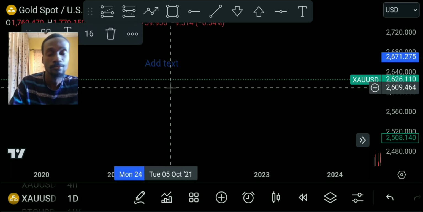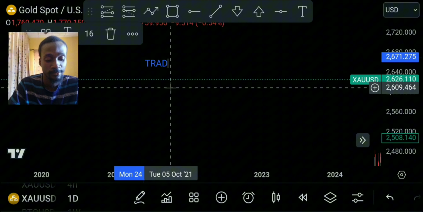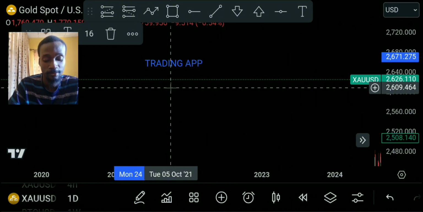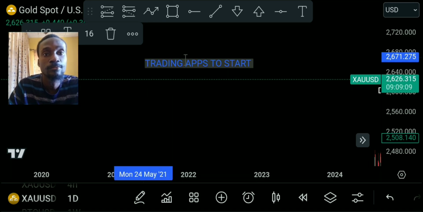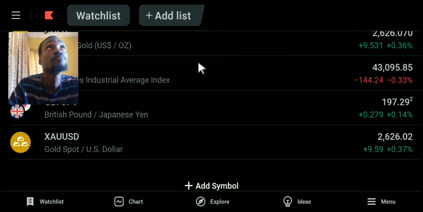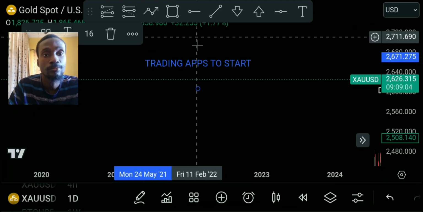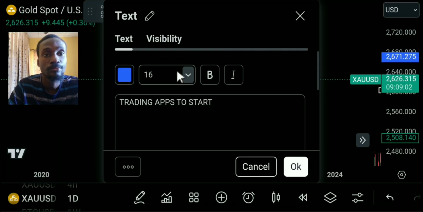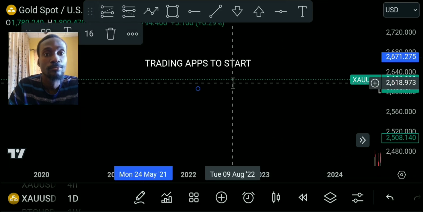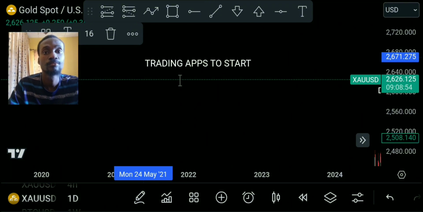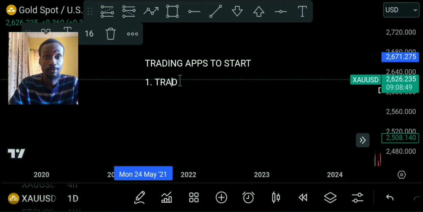Trading apps: number one, you need TradingView.